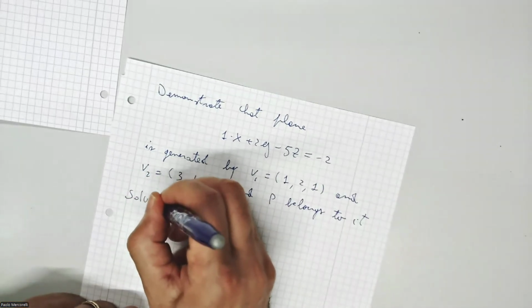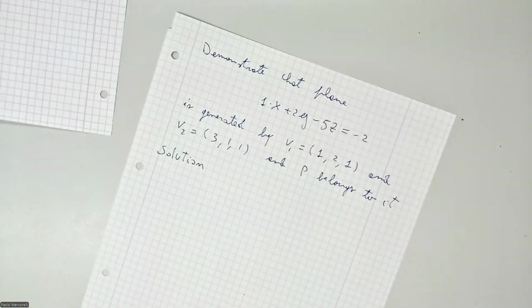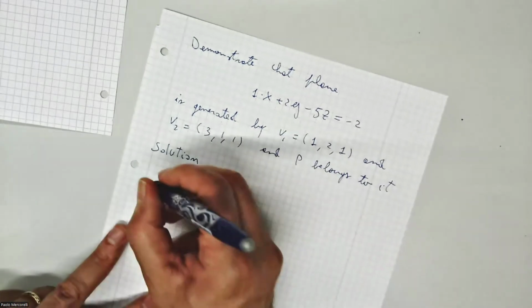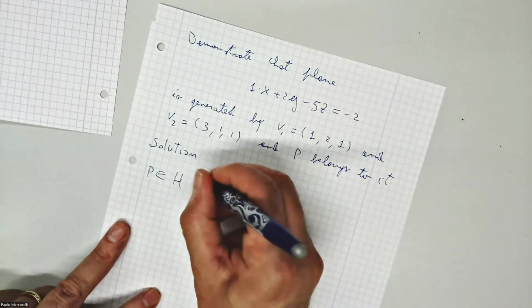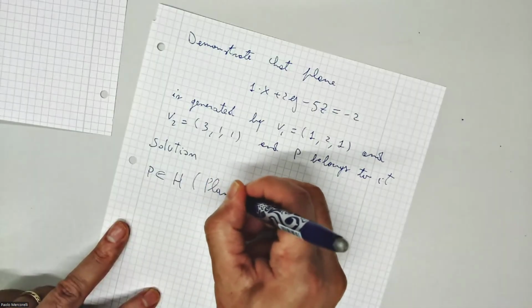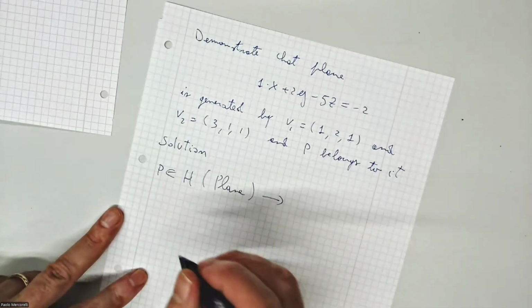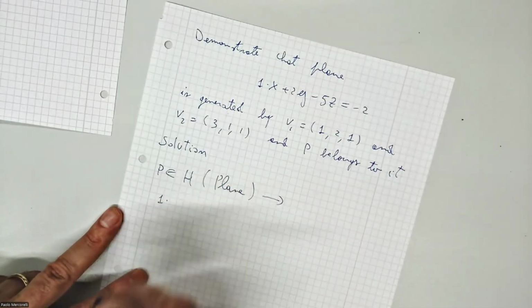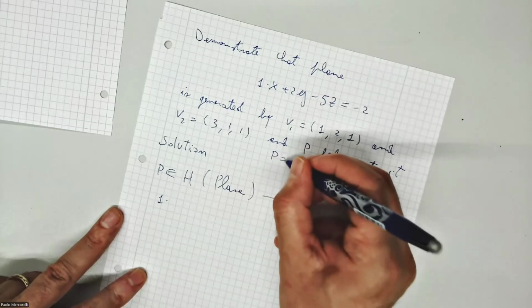Solution. We can start from the last one, which is easy. I already told you before. P belongs to the plane H. The proof is: 1 which multiplies the point P. I forgot to put here, it is 1, 1, 1.